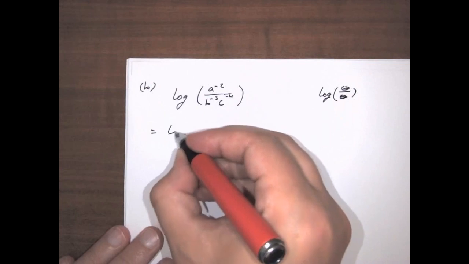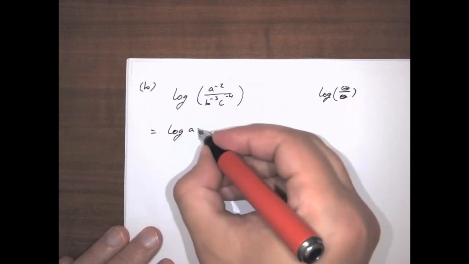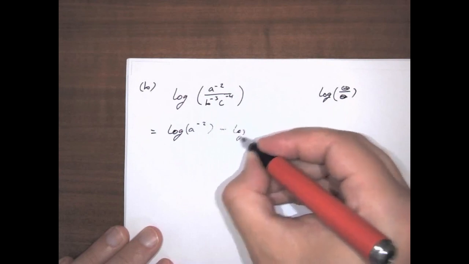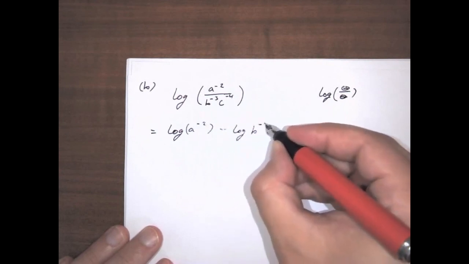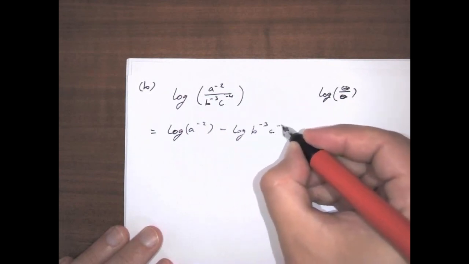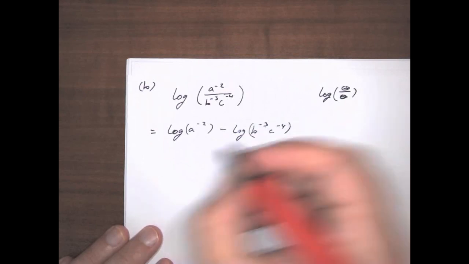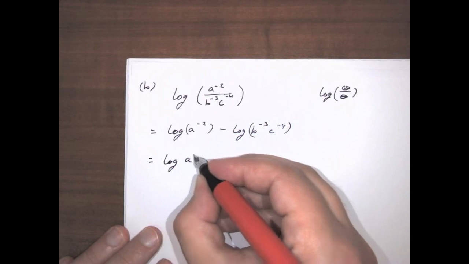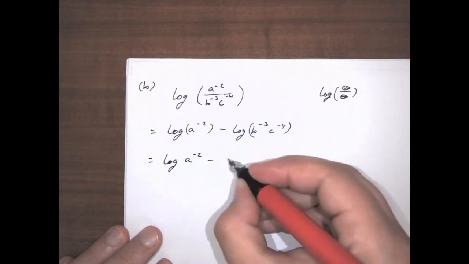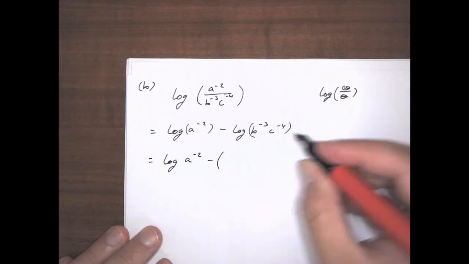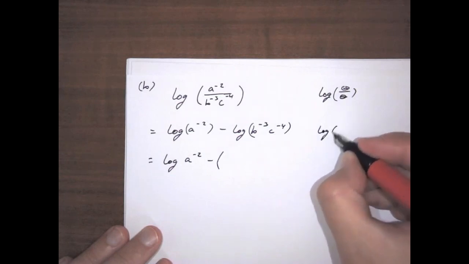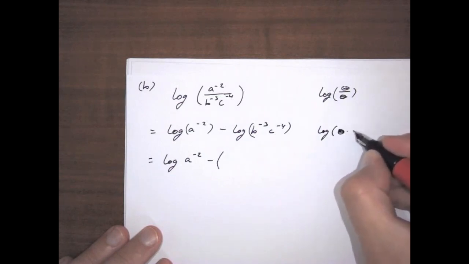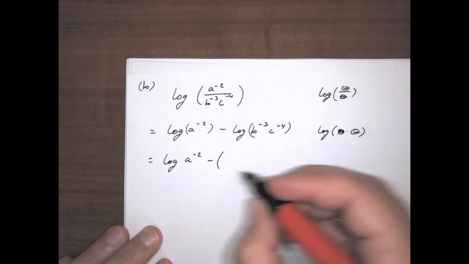So that means we're going to have log a to the negative 2 minus log b to the negative 3 c to the negative 4, which is going to be log a to the negative 2 minus, now here, this is a log of a product, which is going to make an addition.